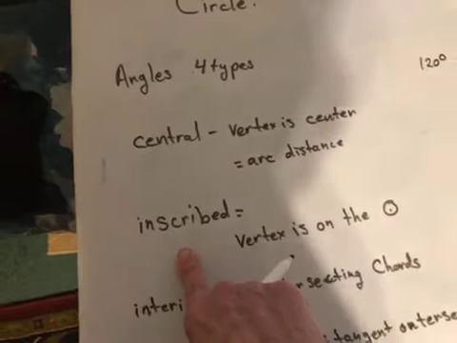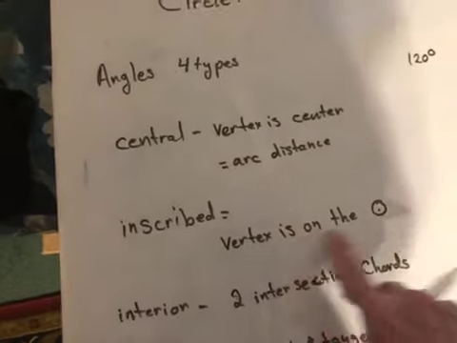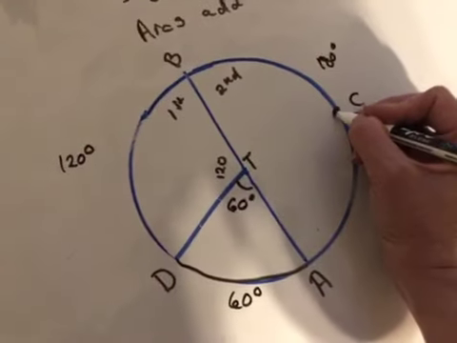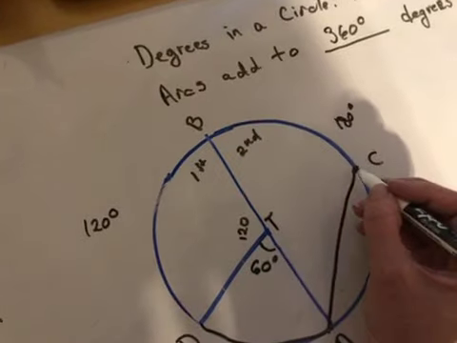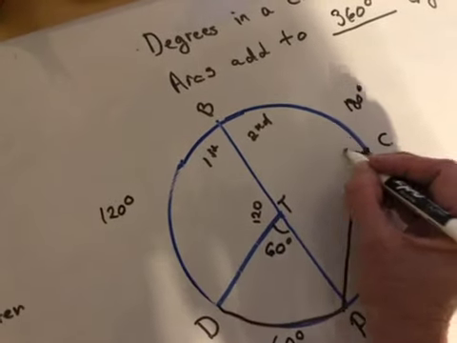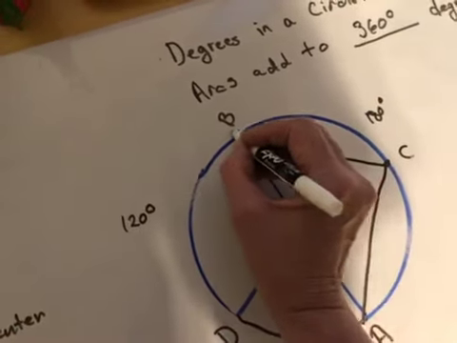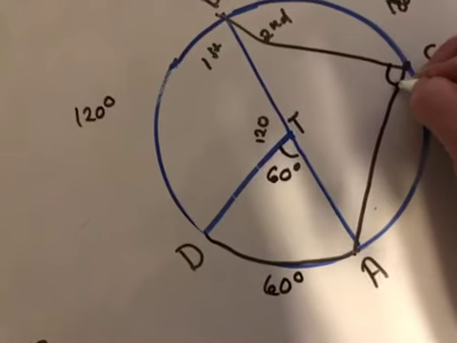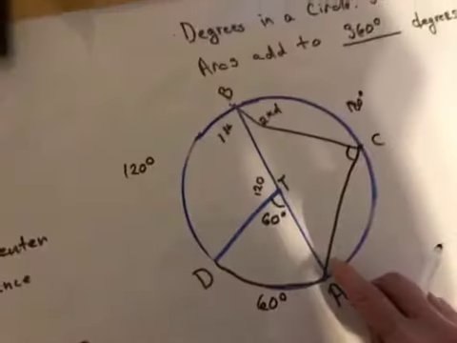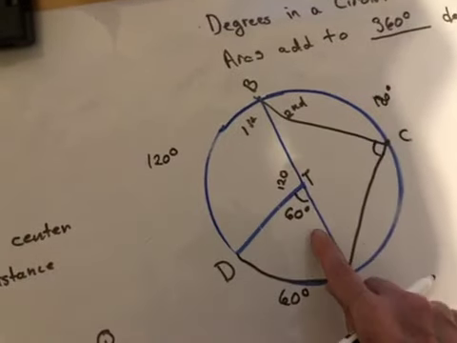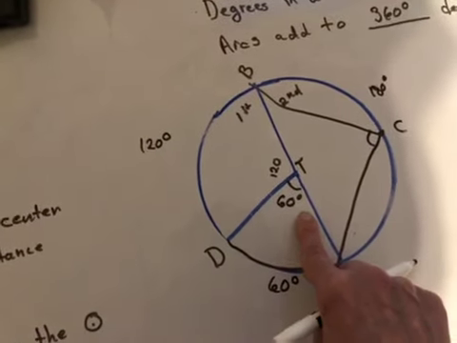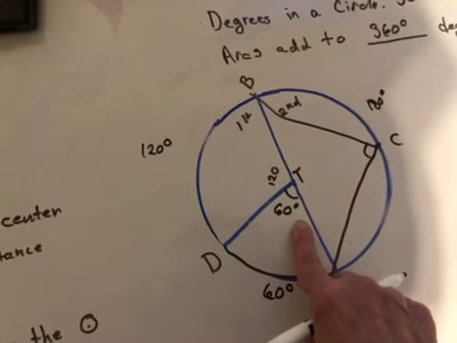The inscribed angle is different. The vertex is on the circle. So what we're going to do, we're going to take C, and I'm going to draw one arm of the angle to point A, and the other is going to go to point B. Okay. So here I have this angle, right? And if we notice, this is going from A to B, so that means that this side of the triangle formed is a diameter.